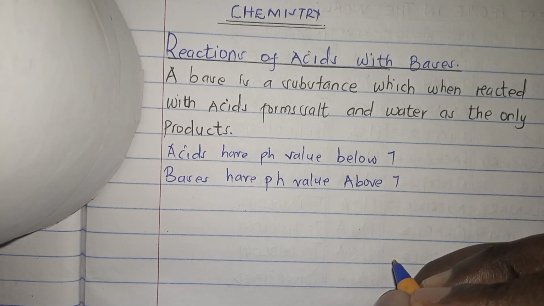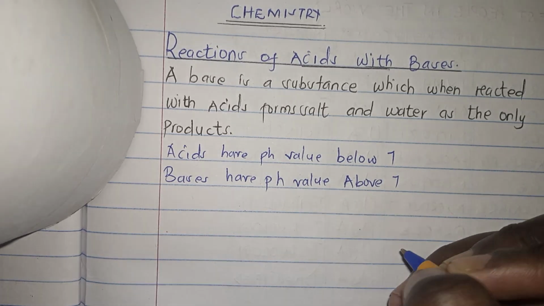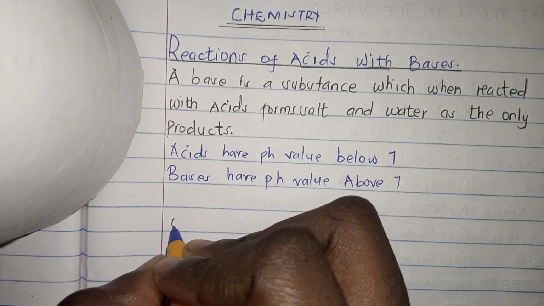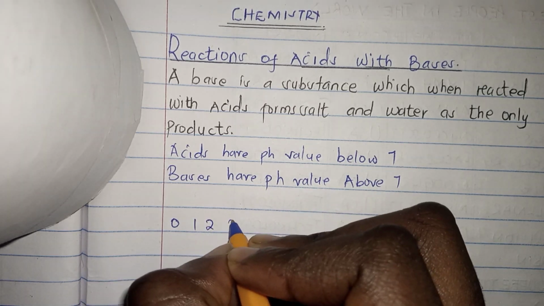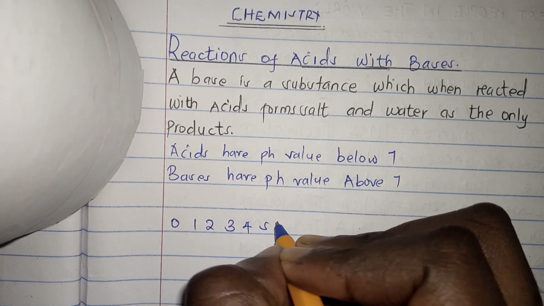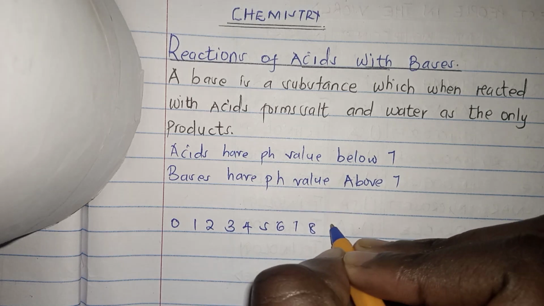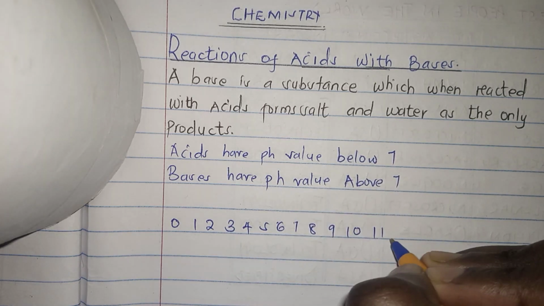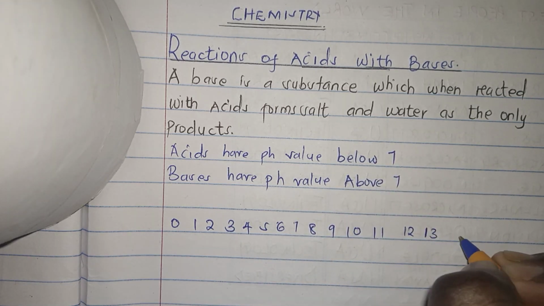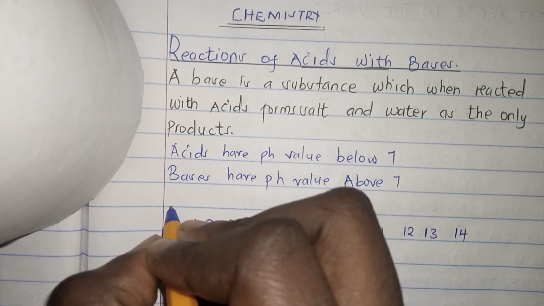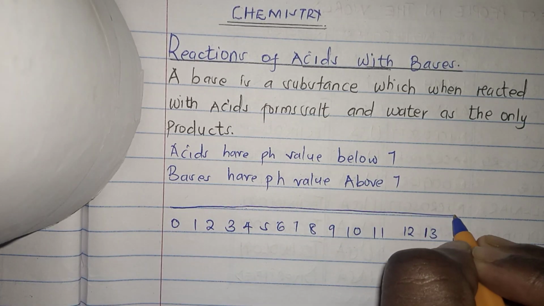So if I was to draw a pH scale, this is from 0, 1, 2, 3, 4, 5, 6, 7, 8, 9, 10, 11, 12, 13, 14. This is my pH scale.